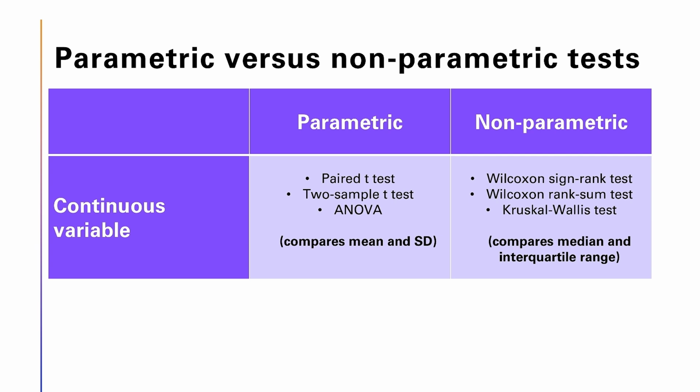If the data is normally distributed, we use parametric tests, like the paired t-test, two sample t-test, or ANOVA. Correspondingly, if the data is not normally distributed, we'll use a non-parametric test, things like the Wilcoxon signed rank test, Wilcoxon rank sum test, and Kruskal-Wallis test.